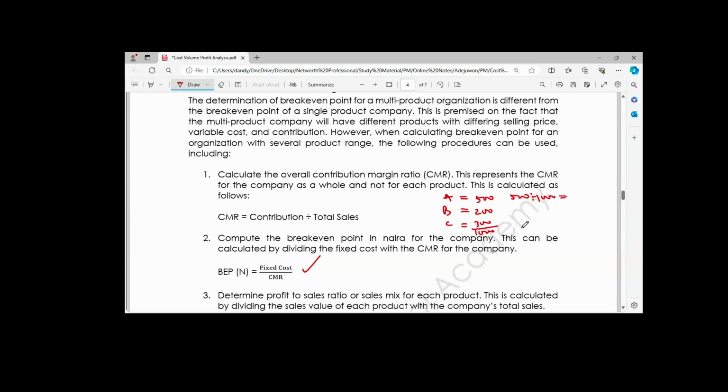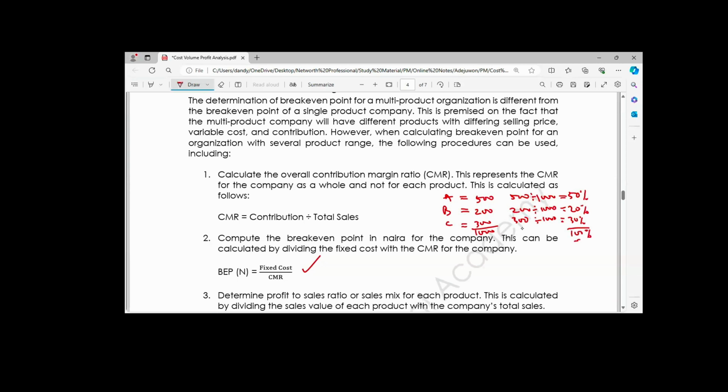This is going to be 50%. Then for B, it will be 200 divided by 1,000, which is 20%. For C, product C, 300 divided by 1,000 equal to 30%. So this is what is called sales mix.